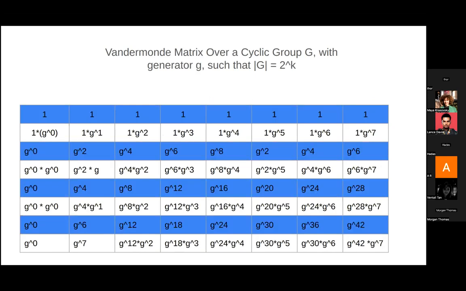The second row multiplies the top row by a different element in each column: 1 times g, 1 times g squared, 1 times g cubed, 1 times g to the fourth. The third row is as it was. The fourth row, again, multiplies the row just before it by the same thing that the last white row did.